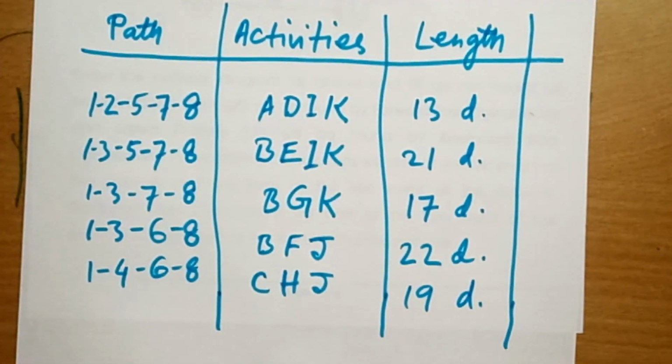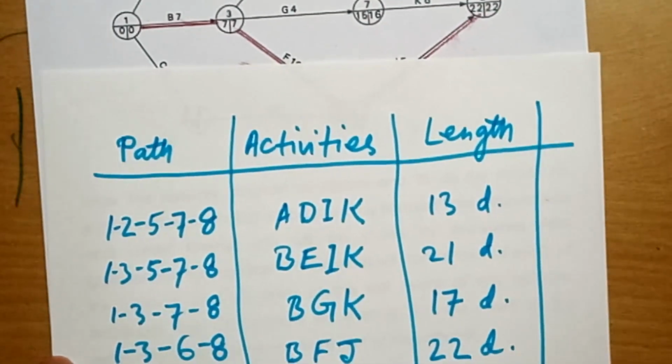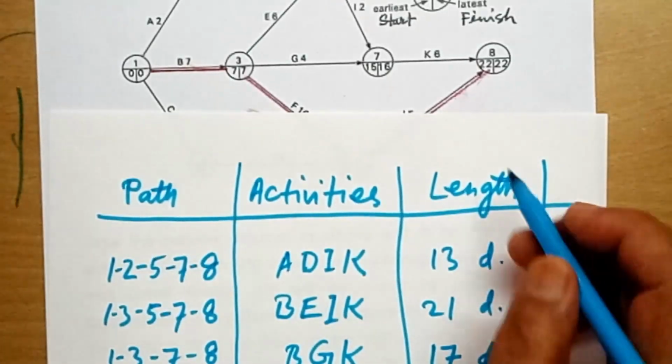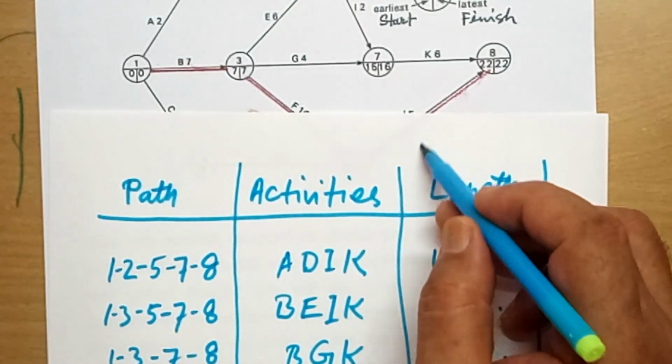So students, we have identified the length of each of the paths in terms of days. Length is actually time or duration.